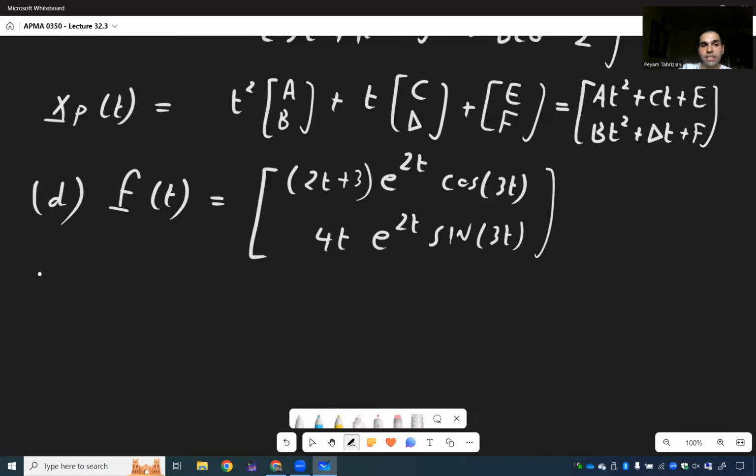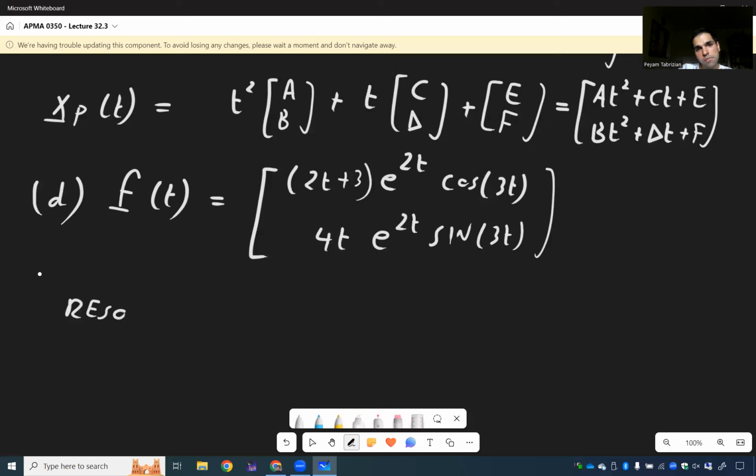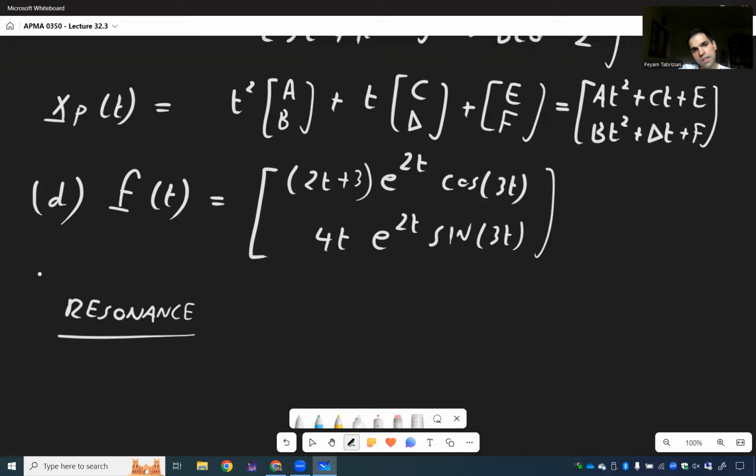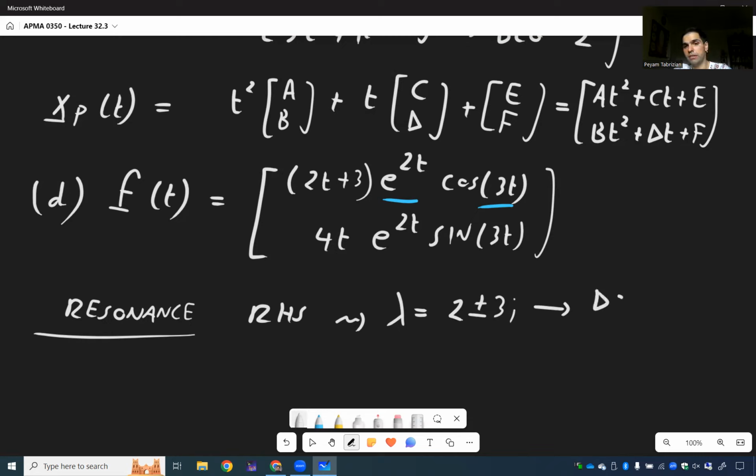Let's again check for resonance. So the right-hand side, because of the e to the 2t cosine 3t, would correspond to lambda equals 2 plus minus 3i, which again doesn't coincide. And so there's no resonance.